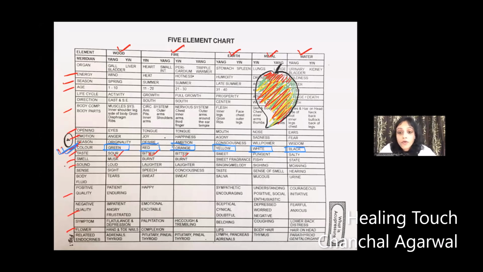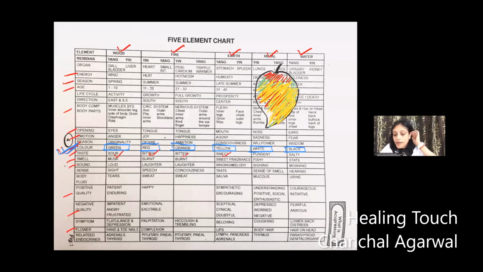Then yellow mixed, that is orange. After orange, when it is fully ripened, it turns yellow. So this is your next stage, that is humidity or earth.